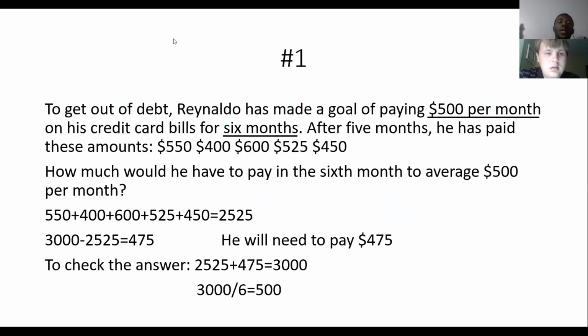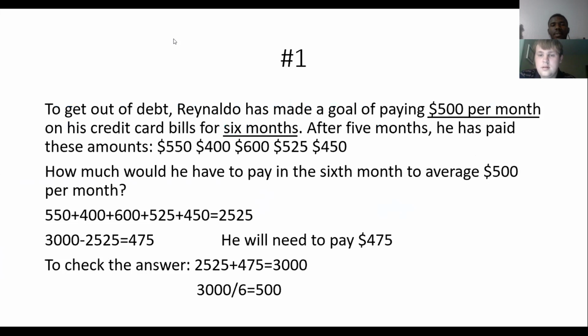So number 1, it says, to get out of debt, Ronaldo has made a goal of paying $500 per month on his credit card bill for 6 months. After 5 months, he has paid these amounts: 550, 400, 600, 525, and 450. How much would he have to pay in the 6th month to average $500 per month?